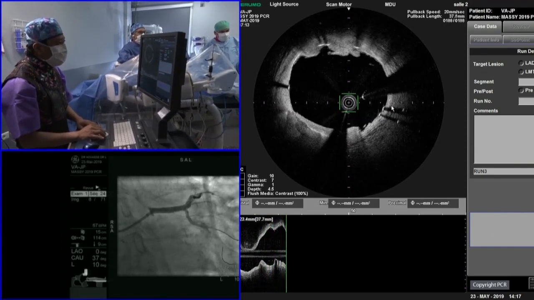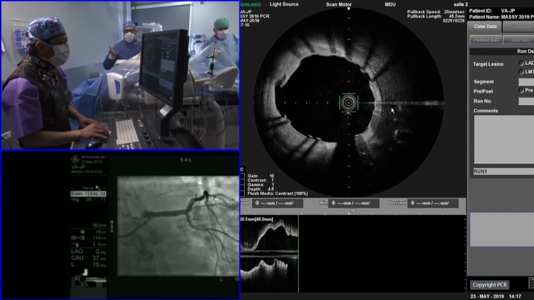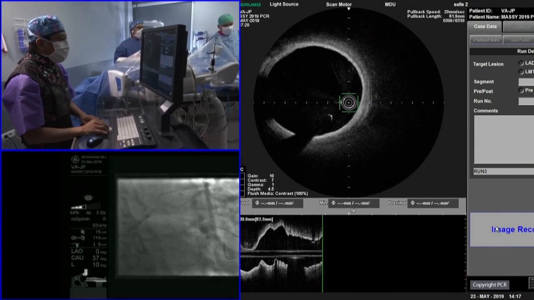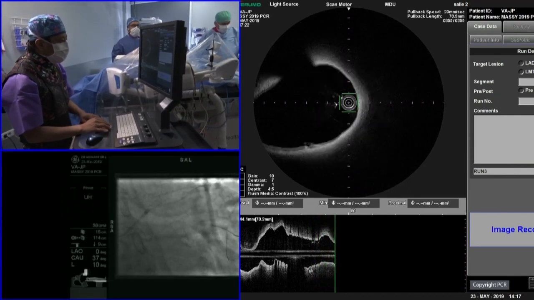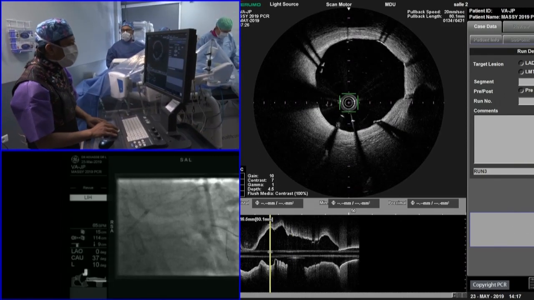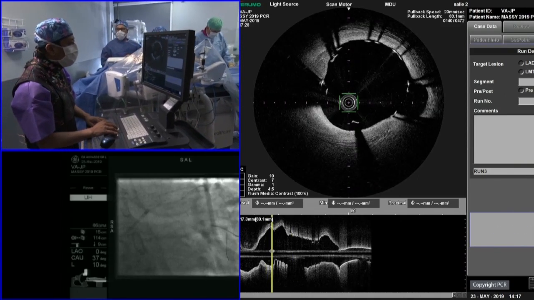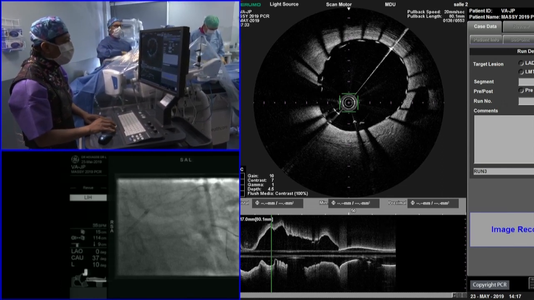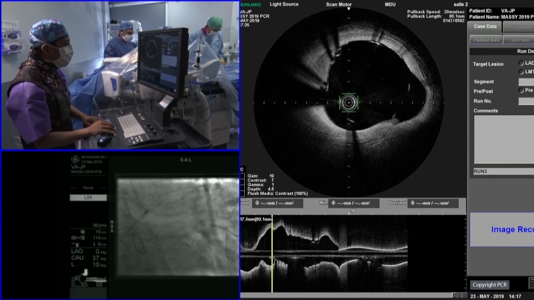I think we have a good result, but Dr. Onima will show us the OFDI data. I think we see some malposition in the distal part, just the landing zone. Maybe we can make some measurement, but I think it's not so significant.